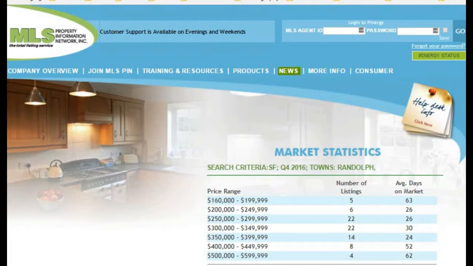Now these are the market statistics for the current month. It's real-time data for properties sold in Randolph. These are single-family homes. Remember the criteria: single-family homes, fourth quarter of 2016, Randolph.